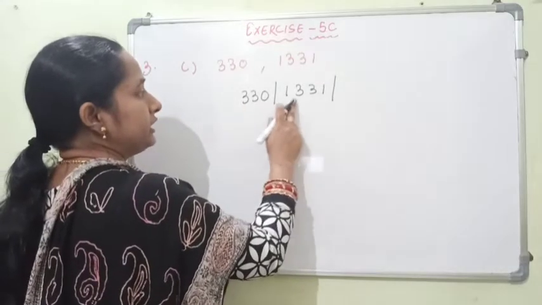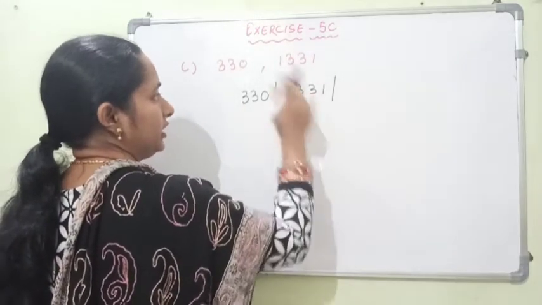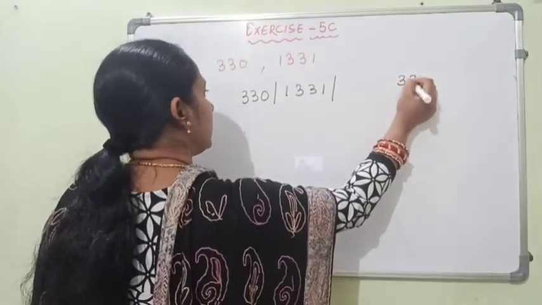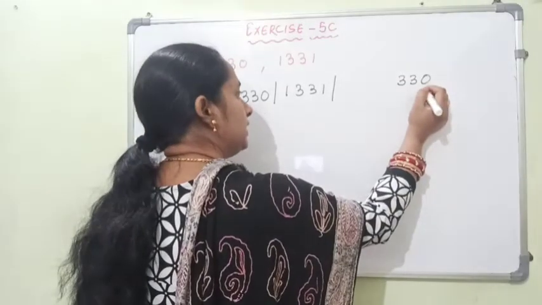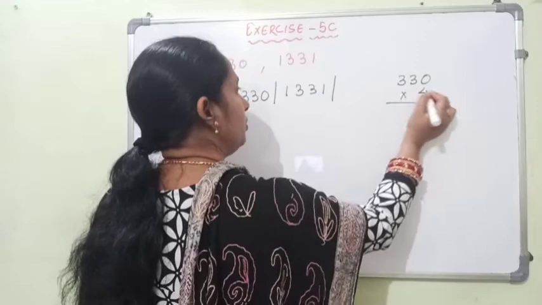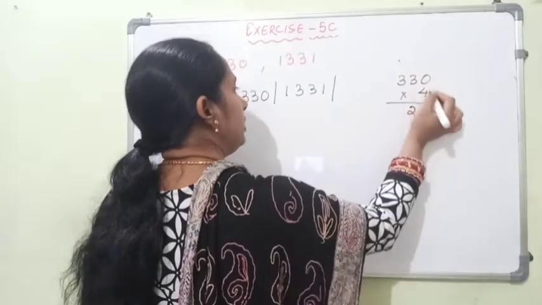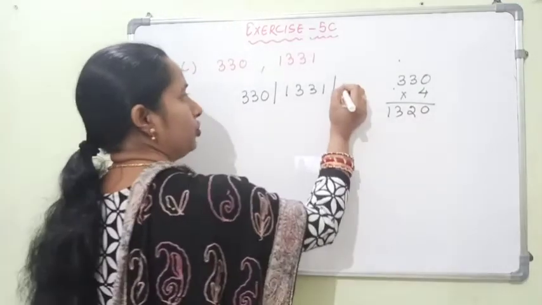So 330 how many times will go for 1331? If you take 330 3s or 4s. 4s how much you are getting? See, 4 zeros are 0, 4 3s are 12, 2 and 1, 4 3s are 12 plus 1 is 13. So we can take 4s.